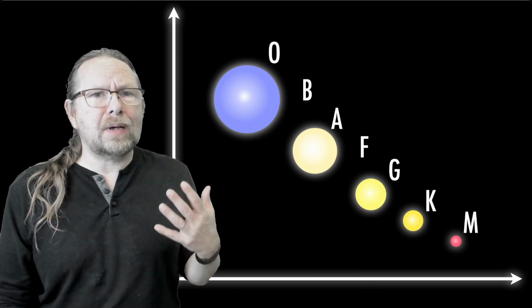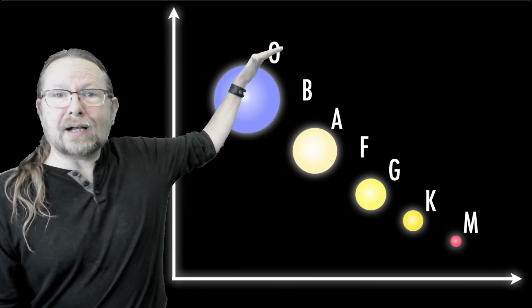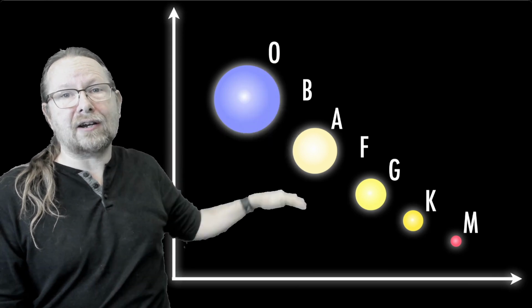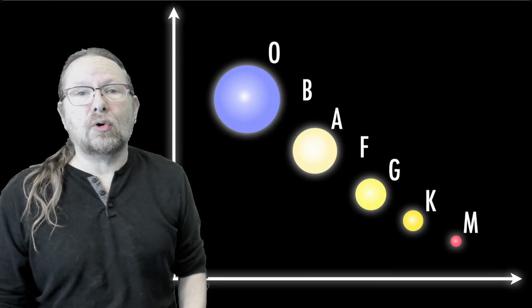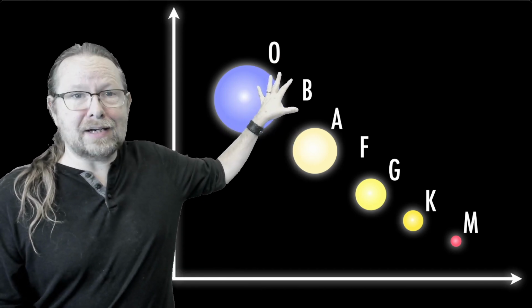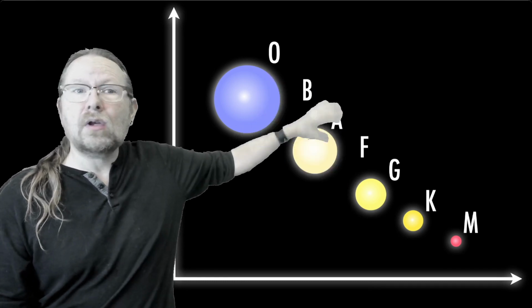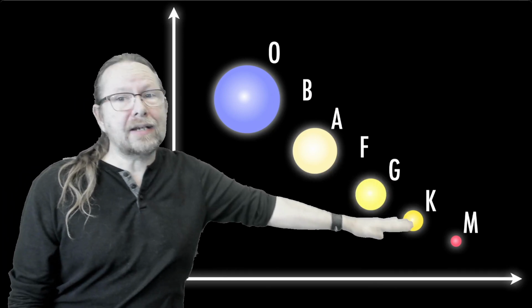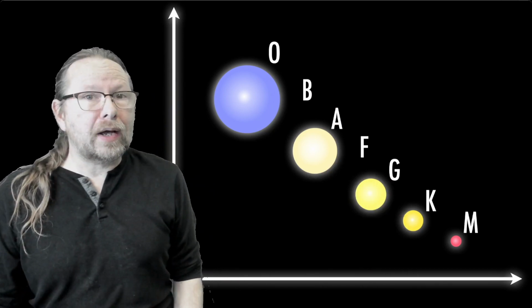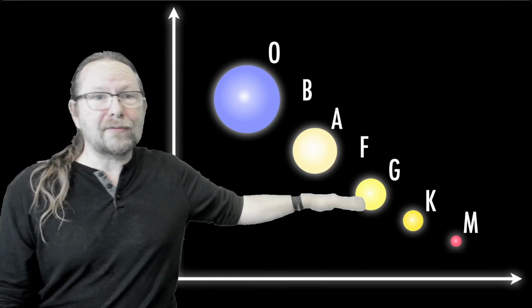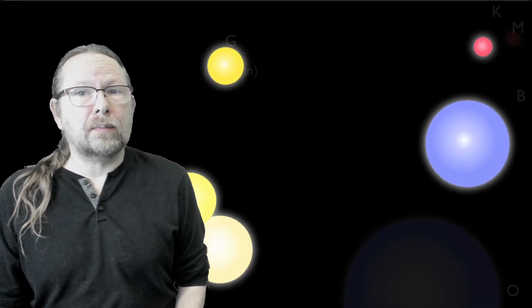One of the things that we maybe don't stress often enough is that the luminosity scale on the HR diagram is exponential. So O and B type stars are many, many times brighter than the sun. Not just twice as bright, but hundreds or thousands of times brighter. And K and M type stars are way, way dimmer than the sun. Not just half as bright, but as little as 1% as bright.